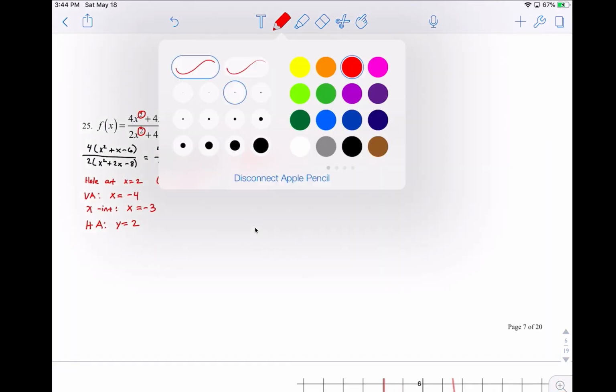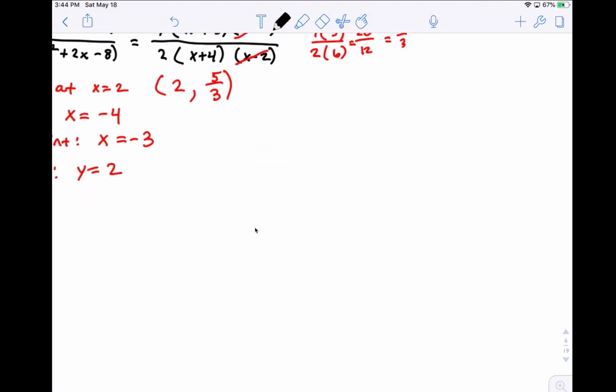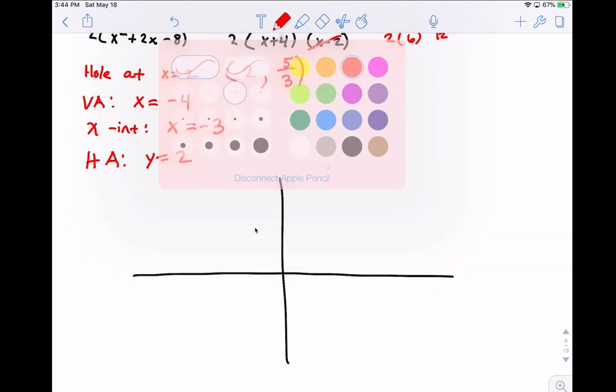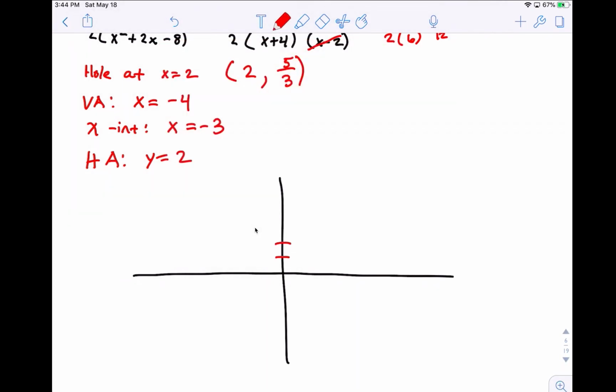All right, so let's draw my grid. All right, so draw your asymptotes first. Probably the easiest. So horizontal there at 2. And then vertical asymptote there at -4.